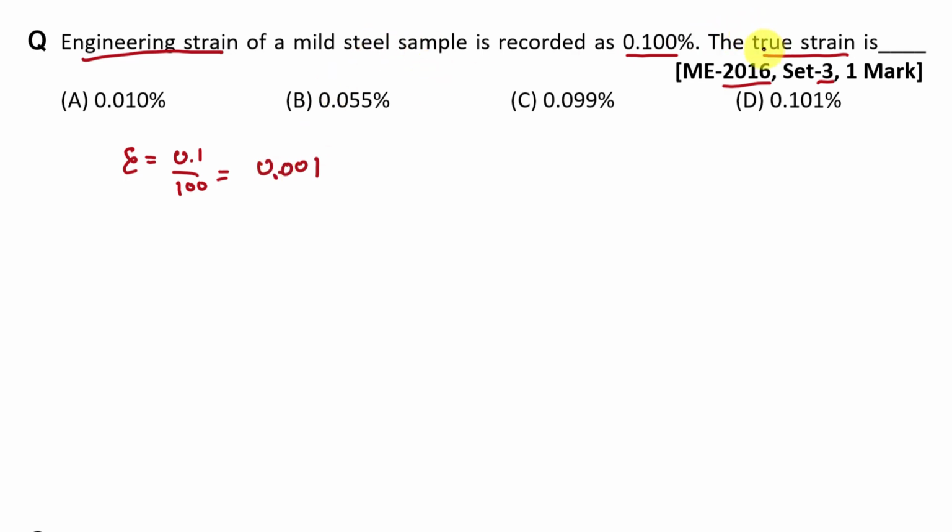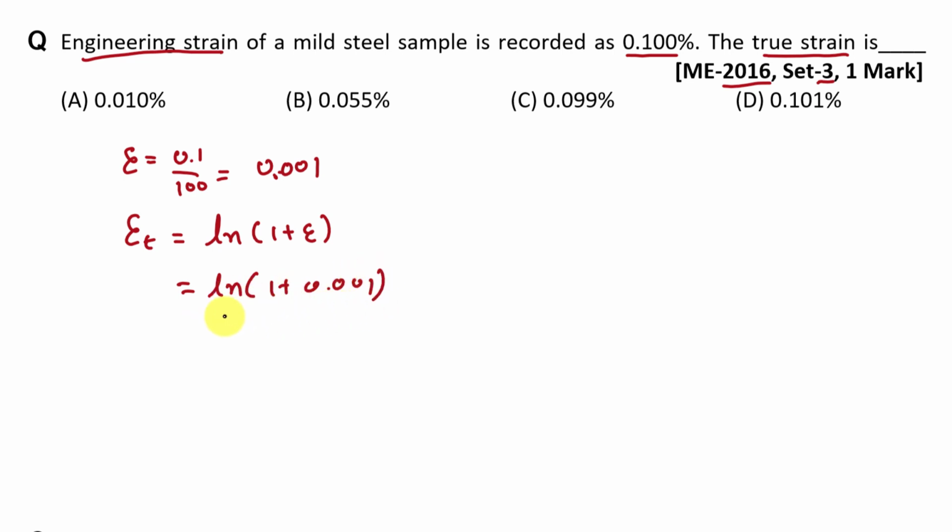And here we have to find out value of true strain, epsilon t. We know the equation to find out true strain, that is ln into bracket 1 plus epsilon. And here this epsilon is the value of engineering strain, right? So it will be ln into bracket 1 plus 0.001.